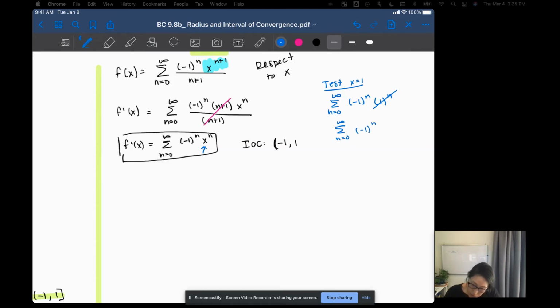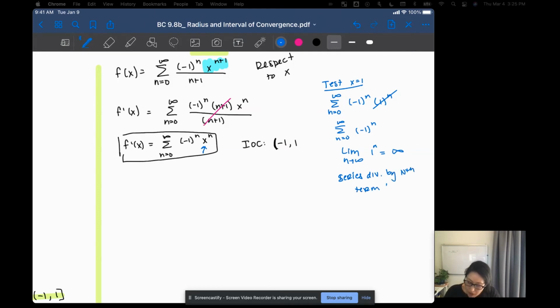So I am going to use alternating series test since this is going to alternate. So I have the limit as n approaches infinity of 1 to the n, sorry, it's going to end up with 1, not 0. So the series diverges by nth term test.